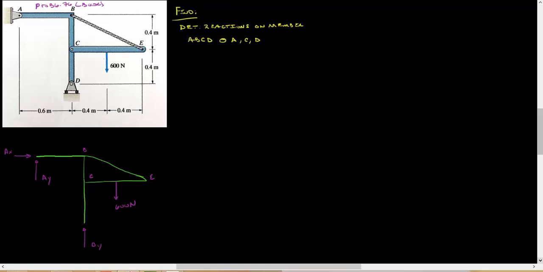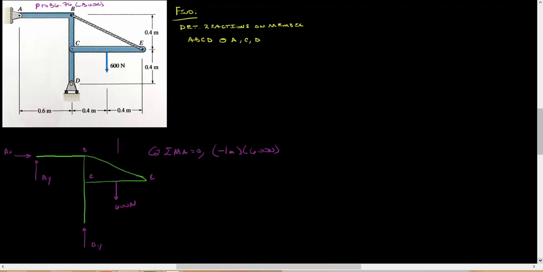So if I look at my whole frame and I sum my moment about point A is equal to 0. If I sum my moment about point A, I get -1 meter times 600 newtons. So that's this guy right here.